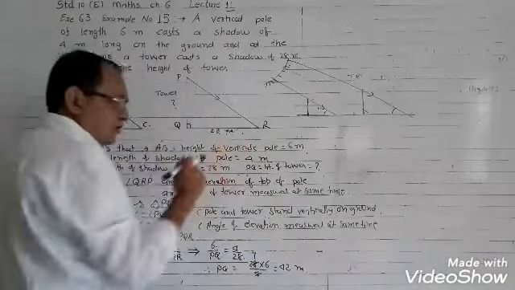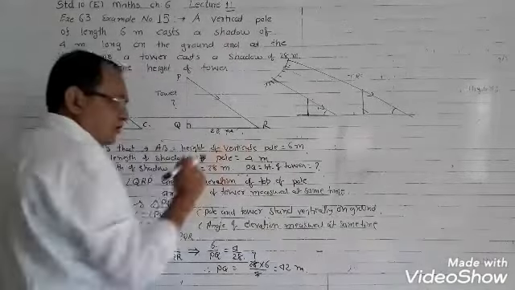Therefore, AB upon PQ is equal to BC upon QR. Substitute the values and solve it. AB is equal to 6, PQ you want to find, BC is equal to 4 meters and QR is 28 meters. 6 upon PQ is equal to 4 upon 28.